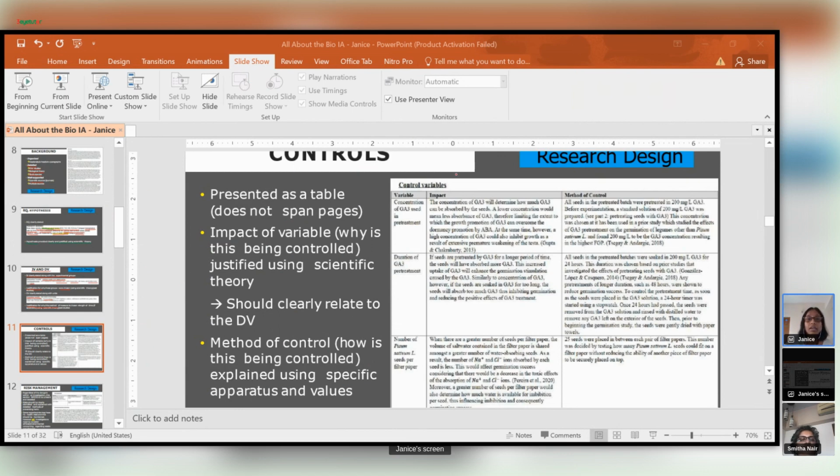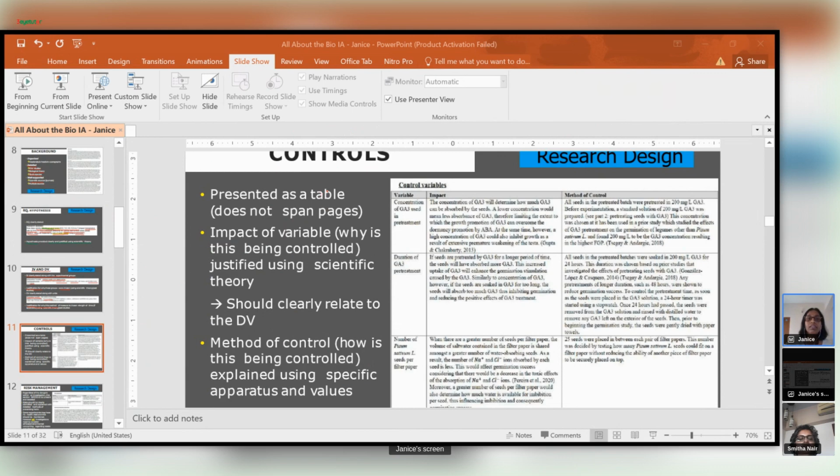Now, the controlled variables should always be in tabular form, which is preferred by the moderators. So the variable is written over here. If you see, all the variables have to be written here, along with the impact this variable has on the experiment, and how we are going to keep it constant.